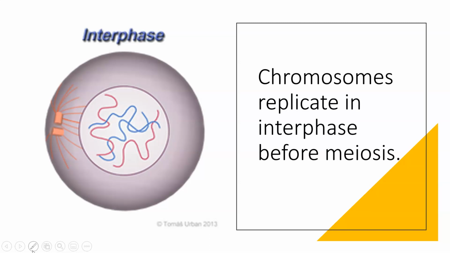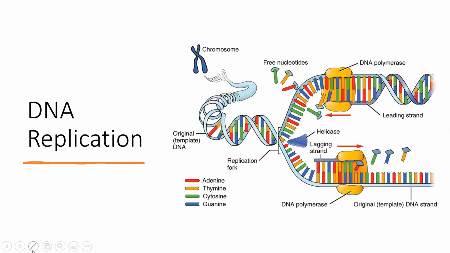Alrighty, so chromosomes replicate in the interphase before meiosis. So we've looked at this, and we are looking here, guys, at DNA replication. So we're thinking way back to 2.7, and we are thinking of how our DNA replicates.